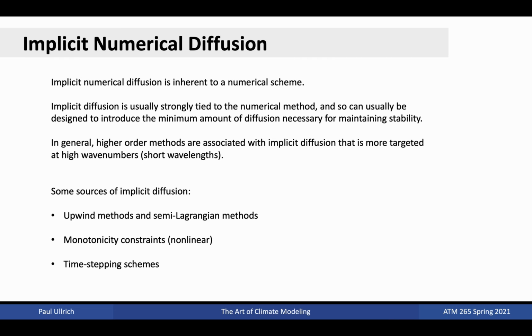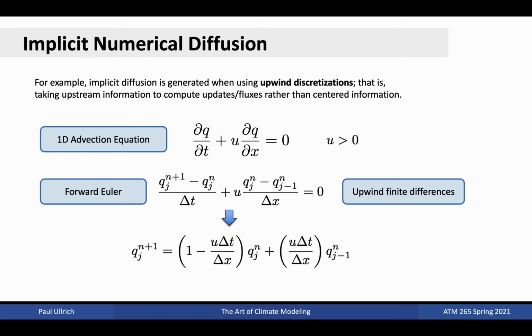Monotonicity constraints in advection, which are imposed to avoid unphysical overshoots or undershoots of quantities like tracer mixing ratio, tend to crop extrema and so introduce implicit diffusion. Finally, time-stepping schemes, including most commonly employed Runge-Kutta methods, generally introduce a small amount of implicit diffusion by construction.